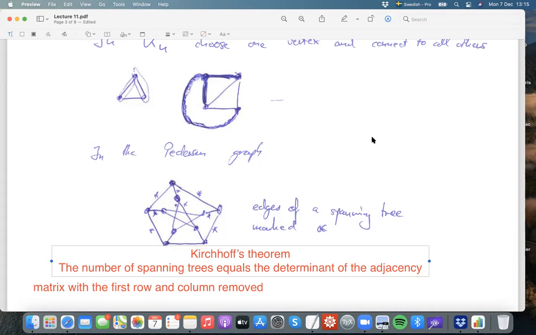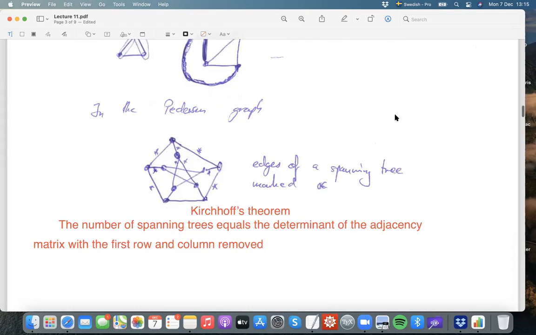It's a nice symmetric matrix with real spectrum. Now, if you remove some column number i and some row number i, you get again a symmetric matrix. And it turns out that its determinant, independently of which i you remove, will be the same and will be a positive number equal to the number of spanning trees. Very nice, important result.